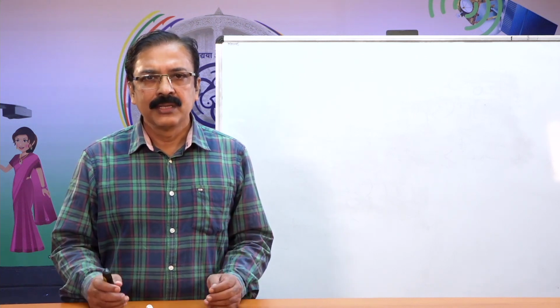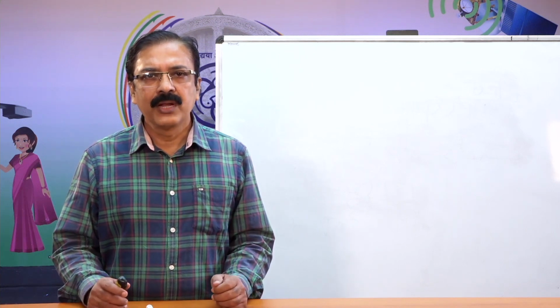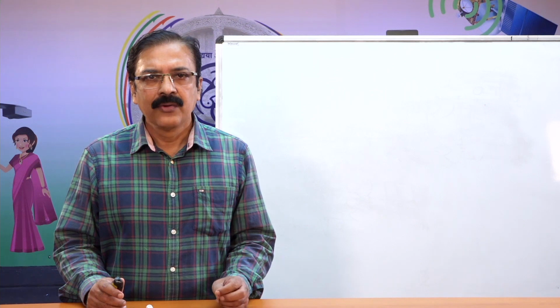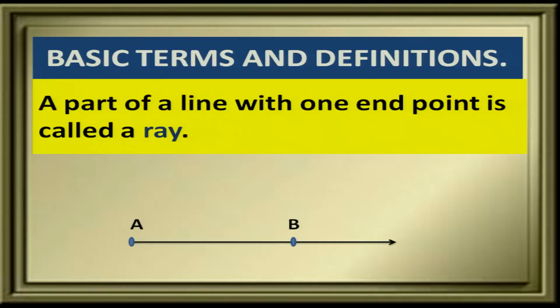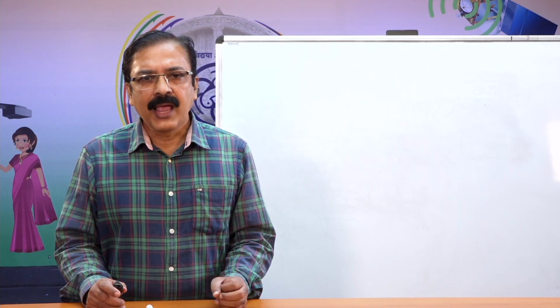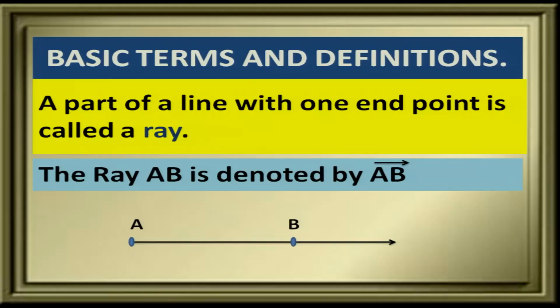So in a plane on which we are dealing, which is not so vast, we have to represent the ray with an arrowhead at one end, as it is seen on your screen. So the ray AB is denoted by AB with a single arrowhead upon it.